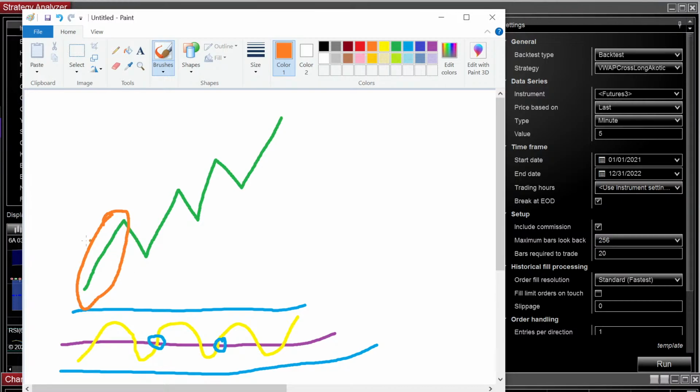All right. And so let's say the price action before this uptrend looks something like that. So we could easily say that price makes a new high, sets a variable to true, and then we look for a trigger.